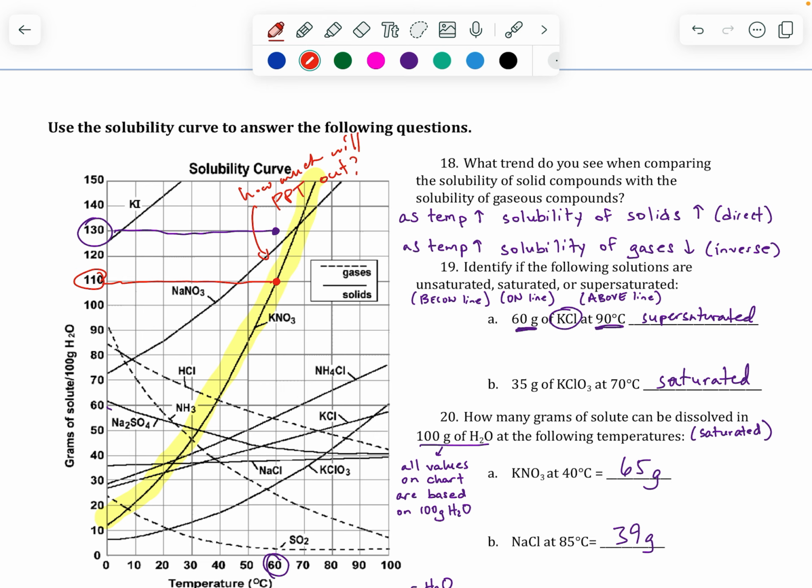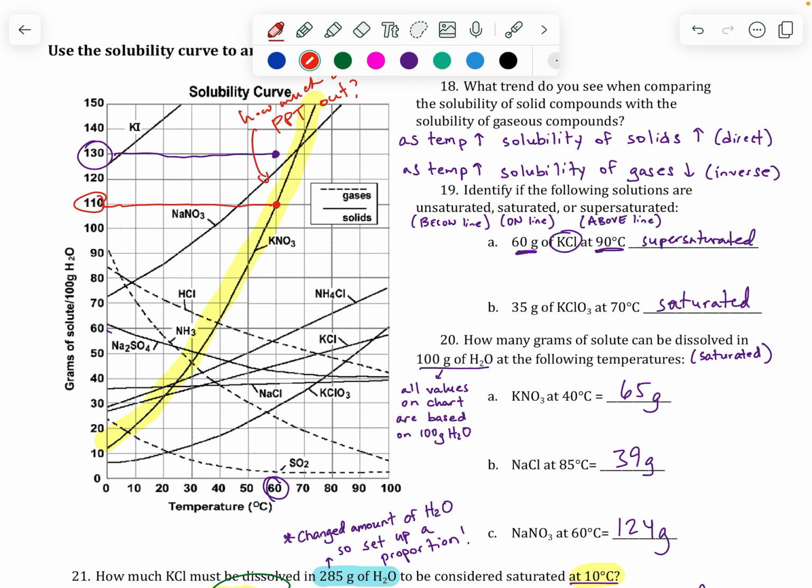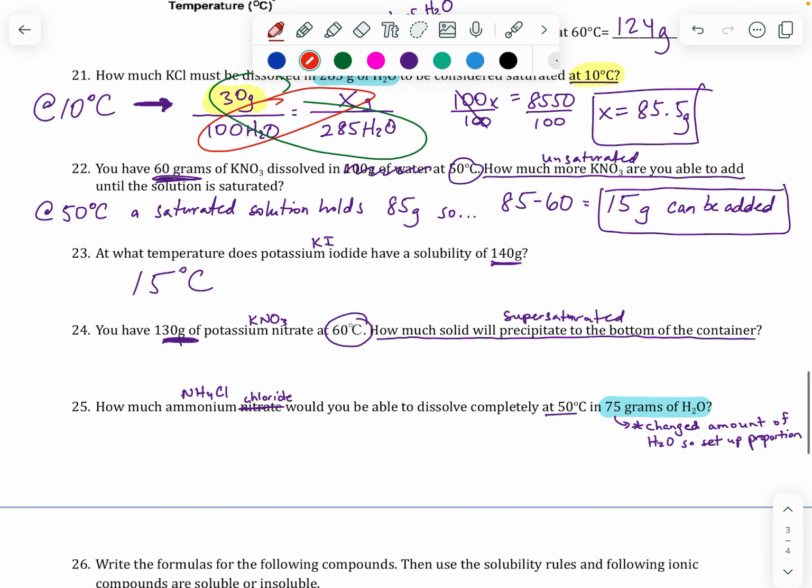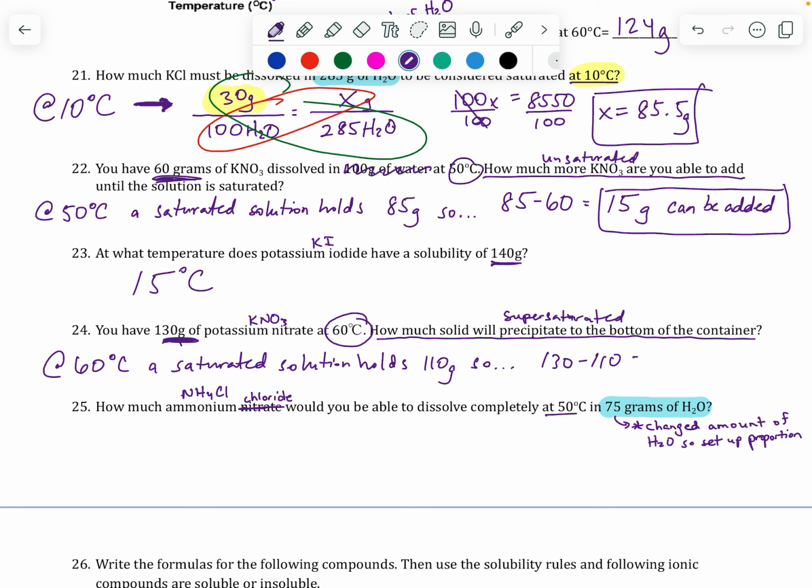How much will fall to the bottom of the test tube because we have too much? And I do the same way. I say, well, at 60 degrees Celsius, a saturated solution, so on the line, holds 110 grams. So 130 that I have minus the 110 is going to tell me that 20 grams will precipitate.